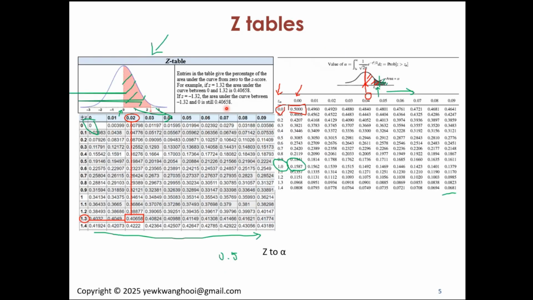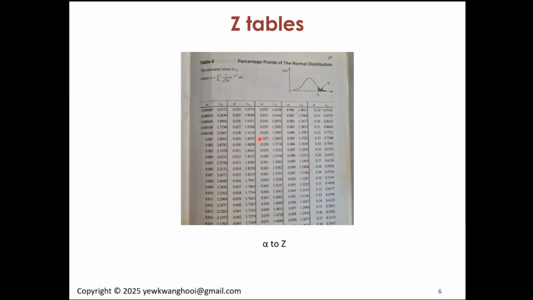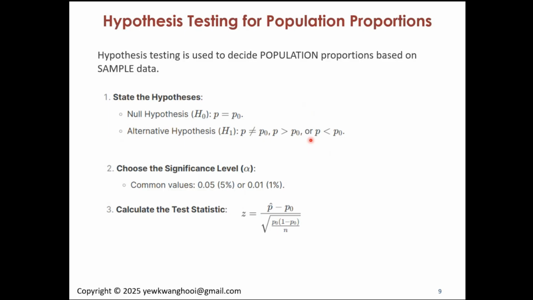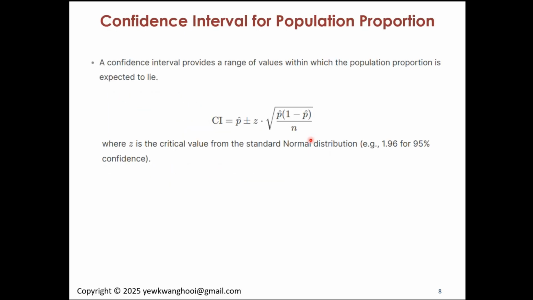The previous one, you start with z to find alpha, but in the third table here, you start with alpha to find z. You can use them as alternatives to one another, because both serve more or less the same function. And then that will give us the interval.